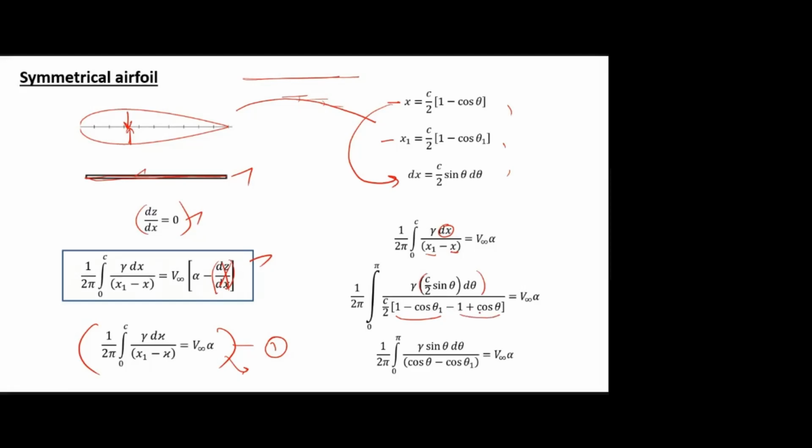If you take the minus inside, it becomes minus 1 plus cos theta, and on simplifying you get this term. The equation is now converted in terms of theta, everywhere theta instead of x. Is that clear?